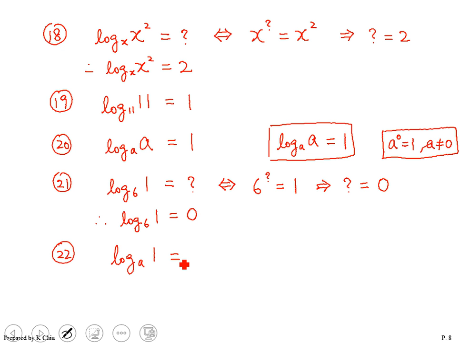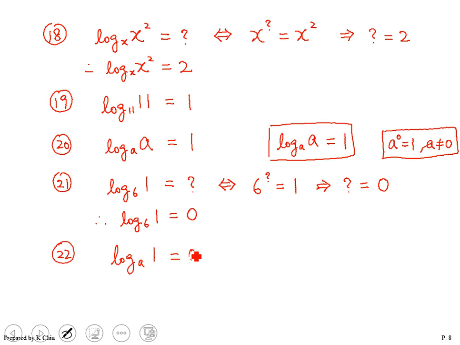Again, I'm thinking, hey, a raised to the what would become 1? So what would be the answer? It would be 0.